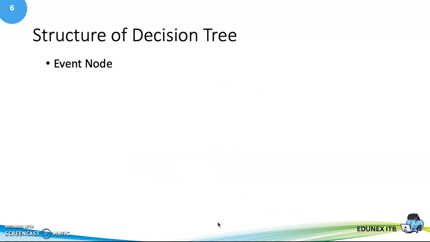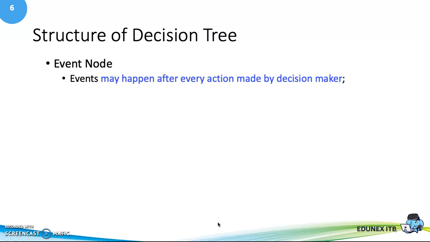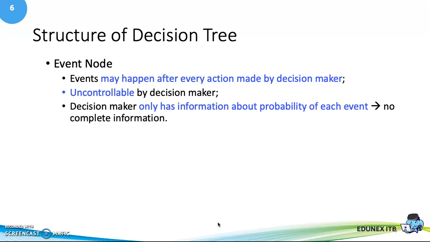And event nodes, or what we call state of nature nodes. Events may happen after every action made by the decision maker, and they are uncontrollable by the decision maker. For example, whether today is rain or not rain is uncontrollable by the decision maker.